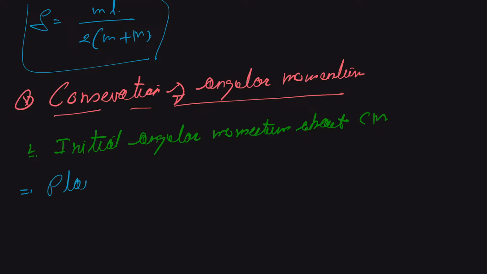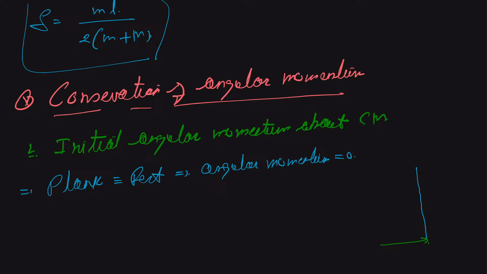The child's velocity is perpendicular to the line from the center of mass, because that line is along the y-axis and the child's velocity is along the x-axis. So these are both perpendicular to each other.